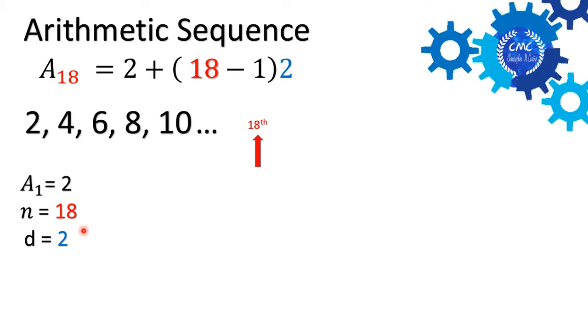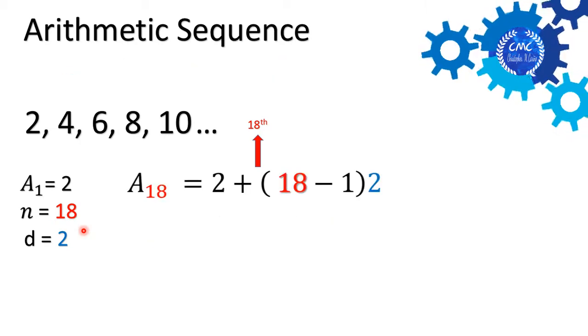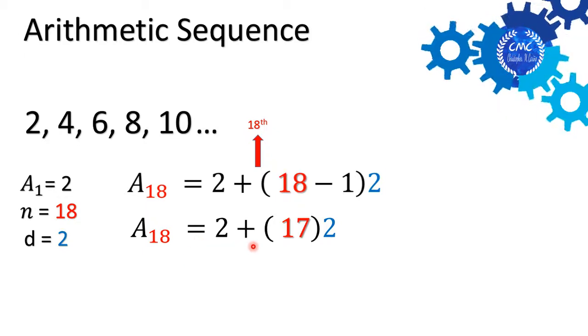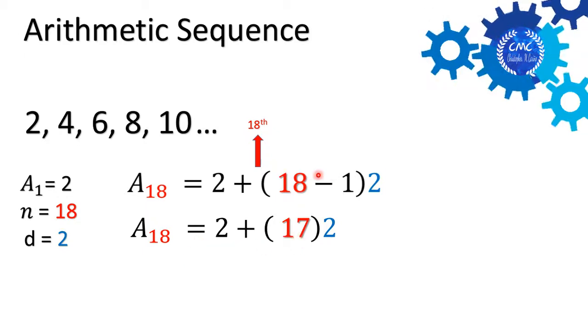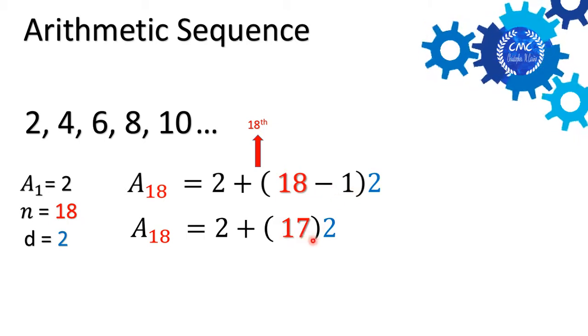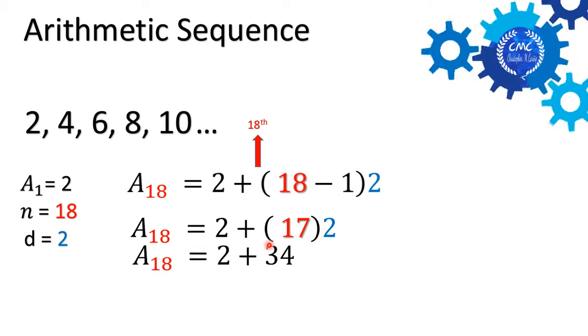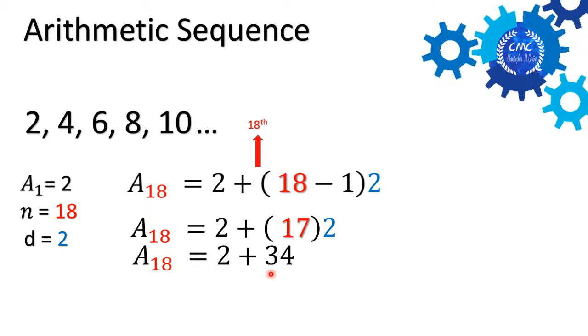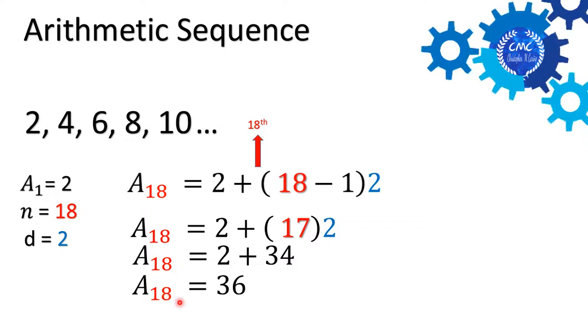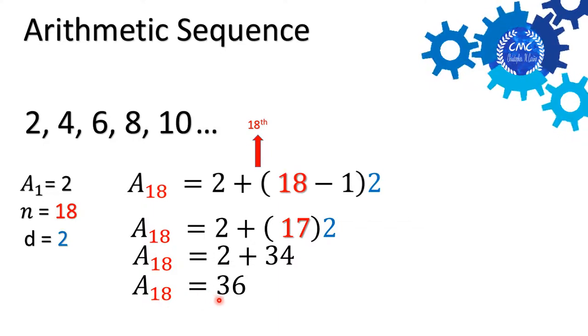By simplifying further, a sub 18 equals 2 plus 17, because I subtracted 18 minus 1. So we have 17 times 2, which equals 2 plus 34, and a sub 18 equals 36.